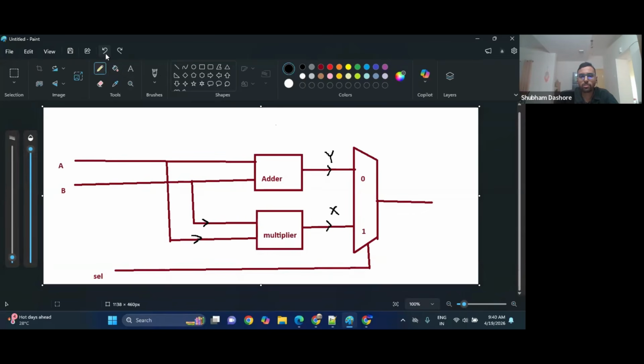Instead of doing it like this, we can put some small gates, an AND gate like this.